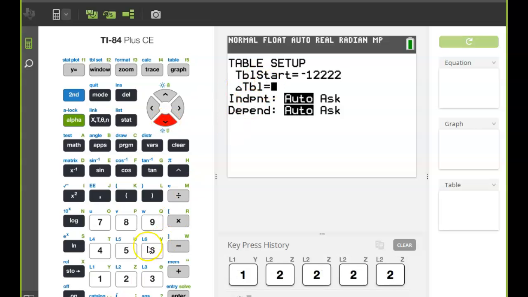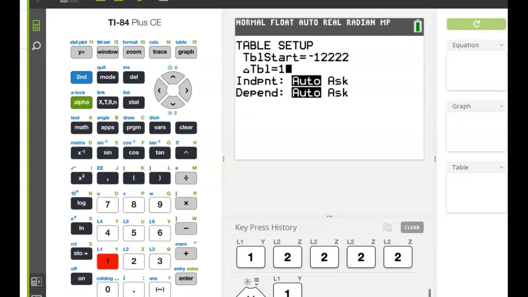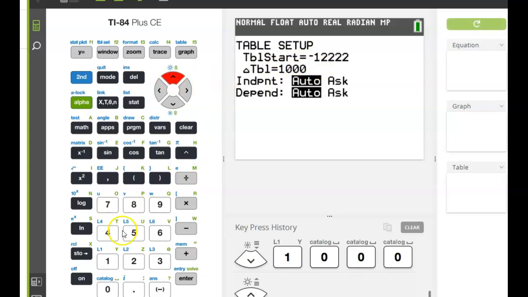And then instead of going up by ones, what if I wanted to go up by 1,000? Now that I can hit my 0, I'm going to change that to a friendly number. Let's start at 10,000. So I changed the start, I changed the change in the table, and watch what happens.